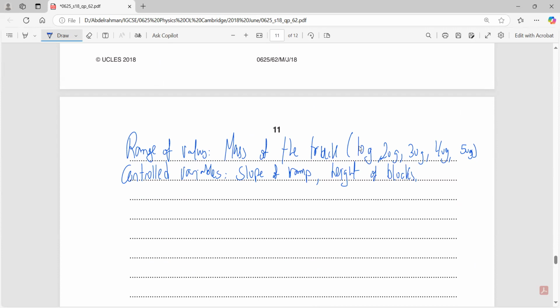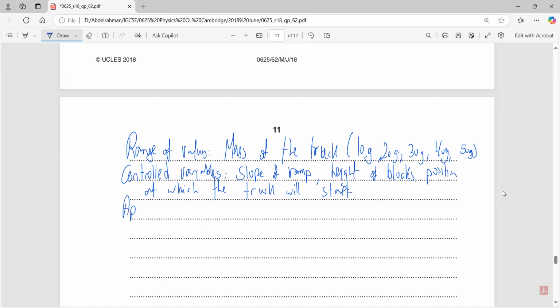Another very important controlled variable would be the position at which the truck will start. You have to leave the truck at the same position, starting from the same position each time.